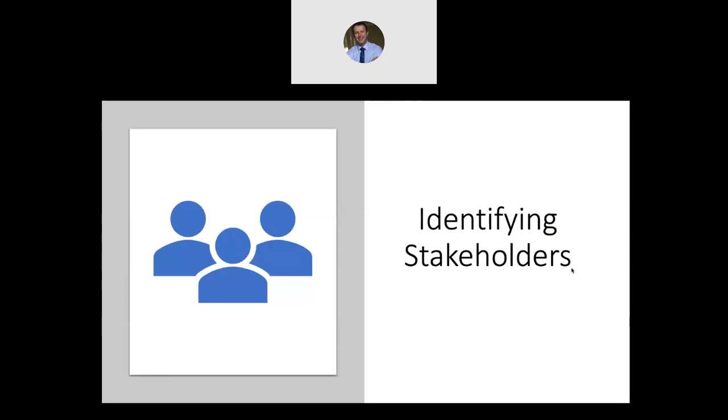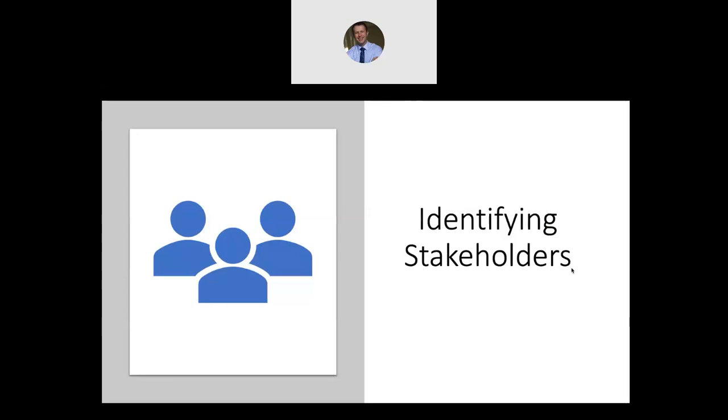Maybe you're told who those stakeholders are going to be. So who's the key person that needs this information for a decision? There may be more than one person. And oftentimes there are multiple people that are involved in knowing and understanding the data.